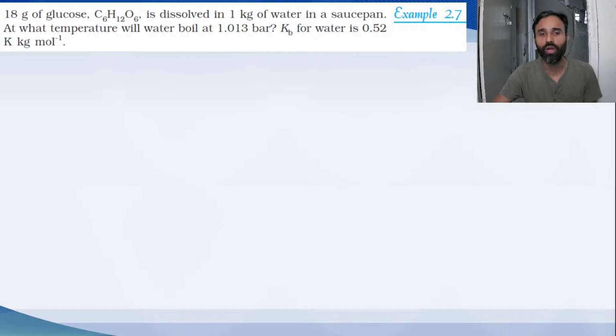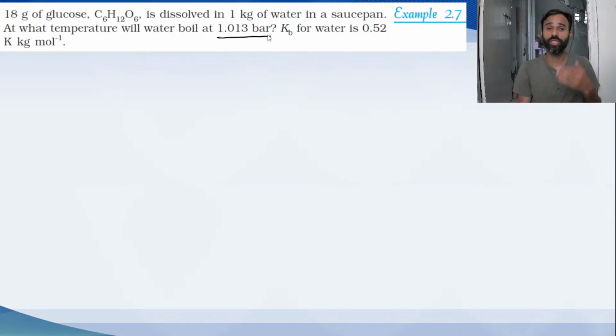First of all, 1.013 bar means 1 atmosphere. 1 atmosphere is equal to 1.01325, so 25 is left; it is only written as 1.013 bar. So T naught B is given indirectly. It is written as at what temperature water will boil at 1.013 bar.